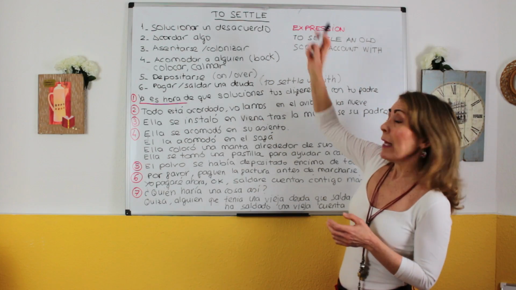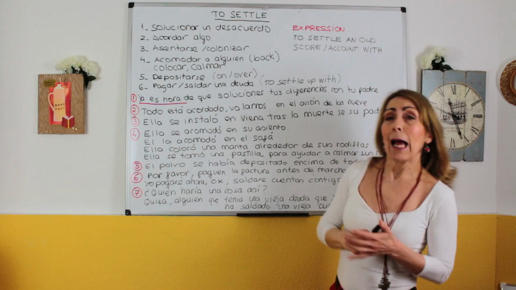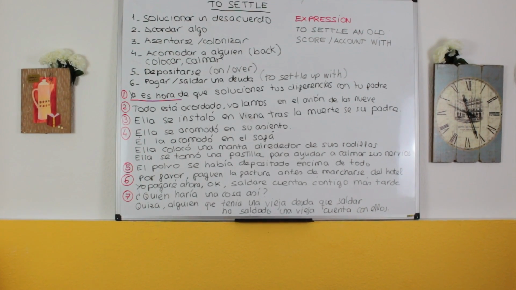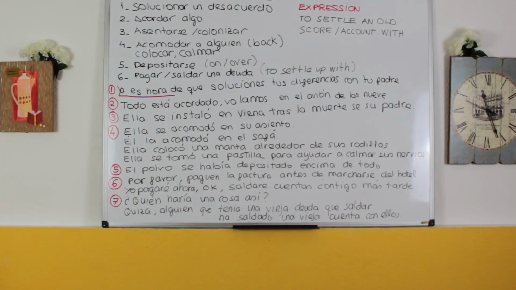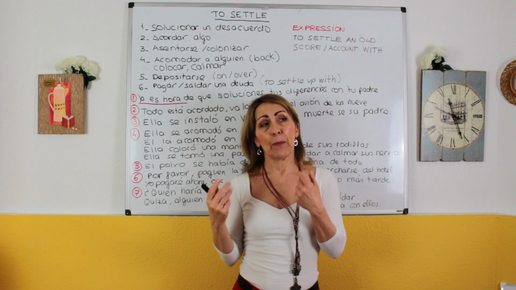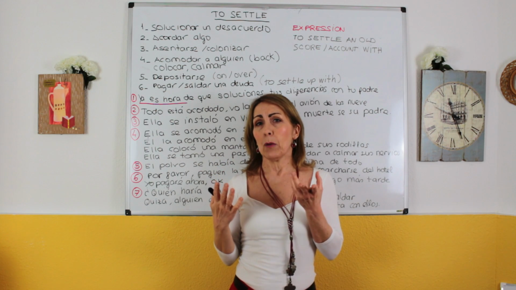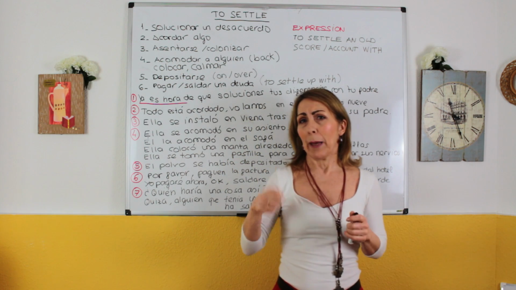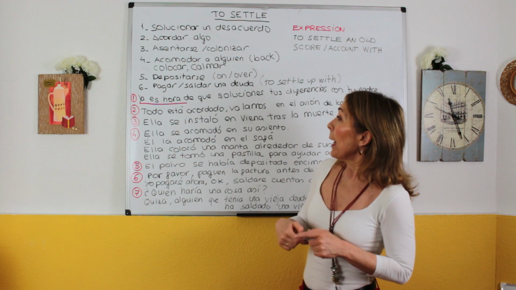And finally, the expression to settle an old score, which means that you hurt or punish someone who has harmed you in the past. In Spanish it is saldar una deuda, but in a negative way, not paying the money that you owe.